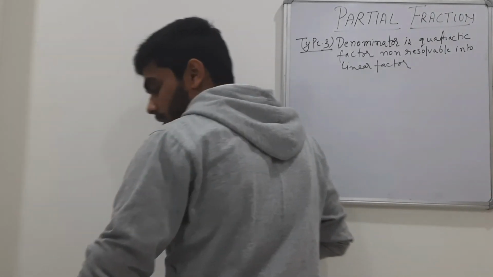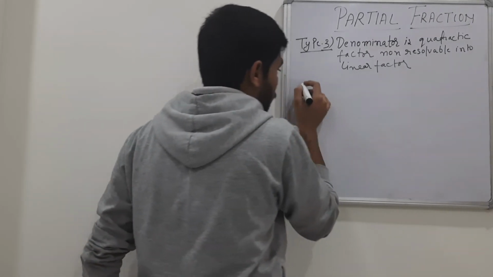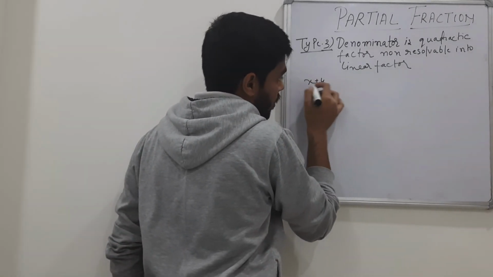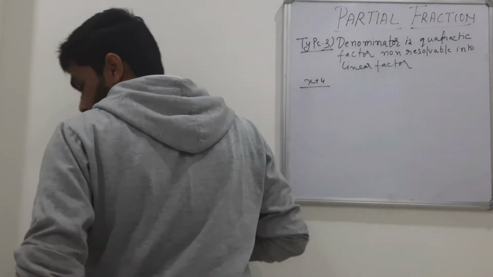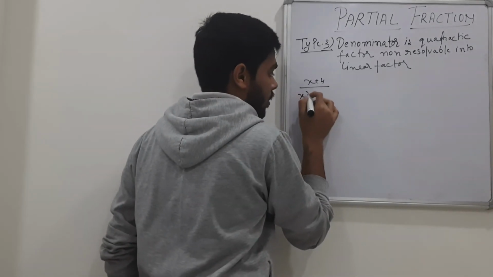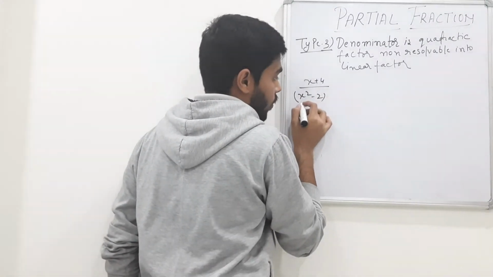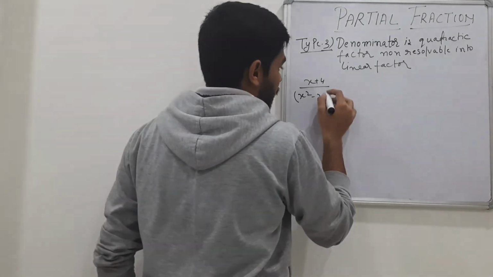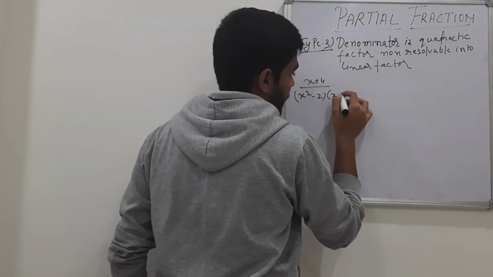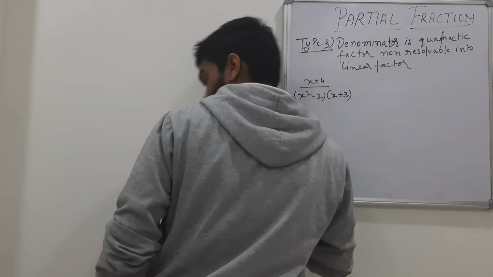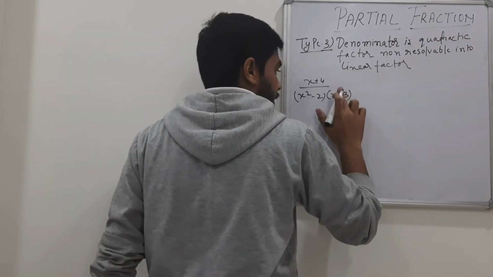So the question is x plus 4 upon x square minus 2, which is a quadratic factor, times x minus 3.